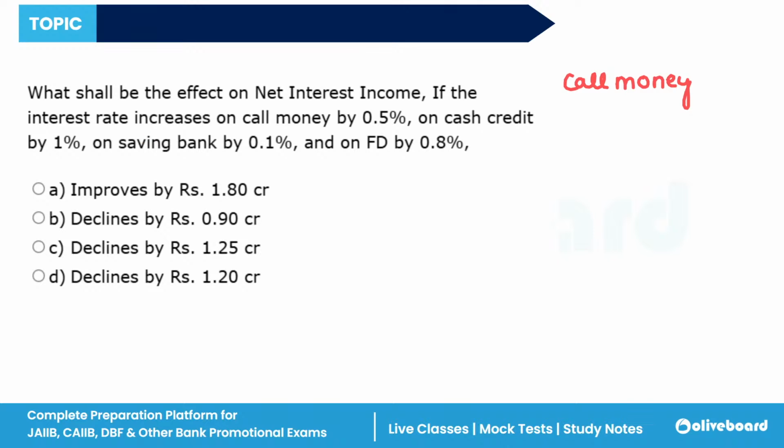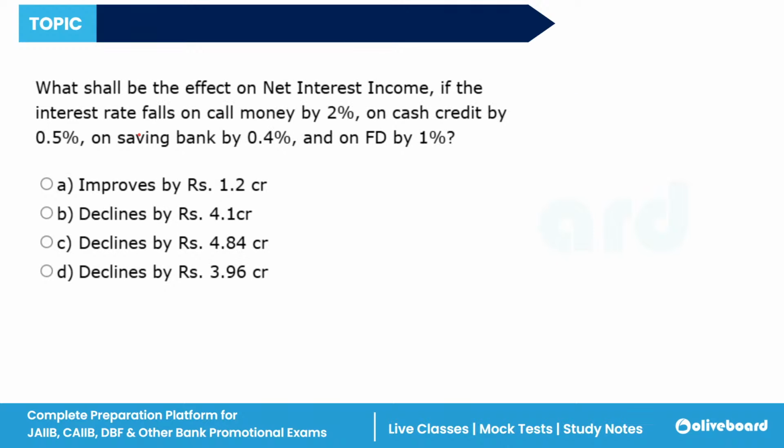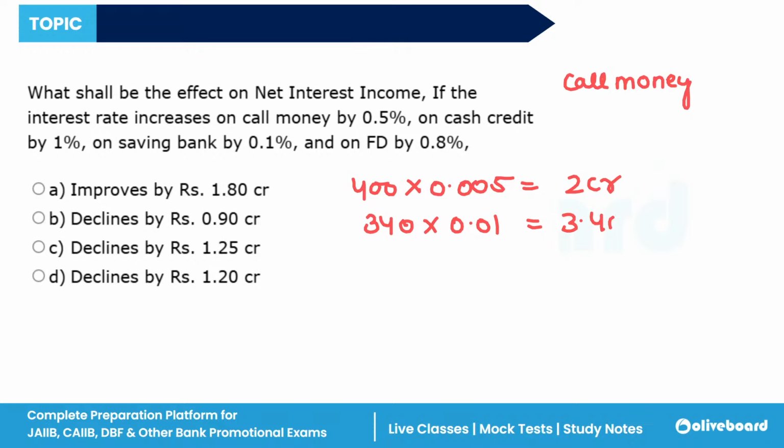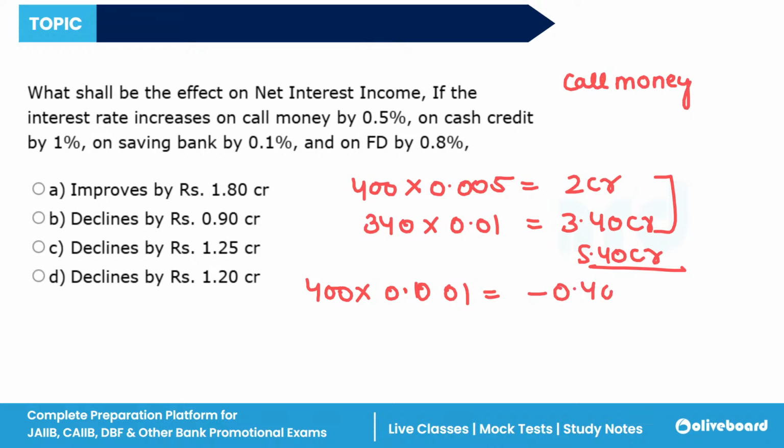Here we have to calculate on the call money 0.005, which equals 2 crore. Then 340 multiplied by 0.01, which is 3.40 crore. Total is 5.40 crore. Now liability: in the case of liability, savings are by 0.1%. So it is negative 0.40 crore.